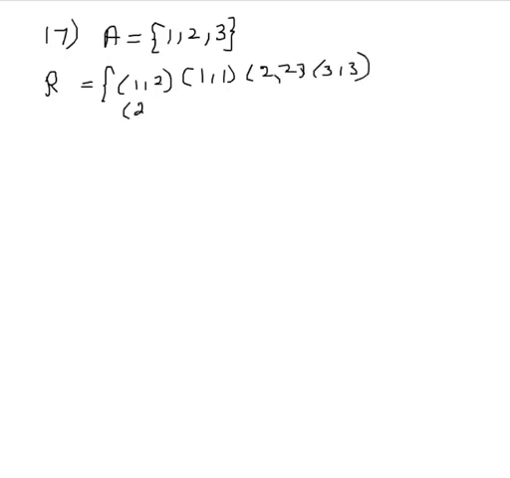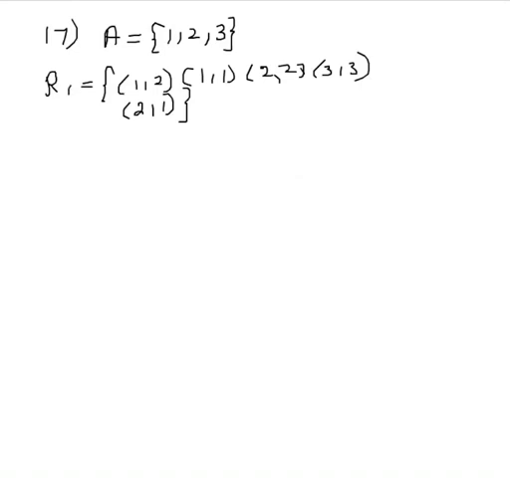Since (1, 2) is there, I have to include (2, 1) to make it symmetric. It should be transitive also. If I take (1, 2), (2, 1), (1, 1) is there. Similarly, (2, 1), (1, 2), (2, 2) is there. Therefore, it is transitive. So this is an equivalence relation.